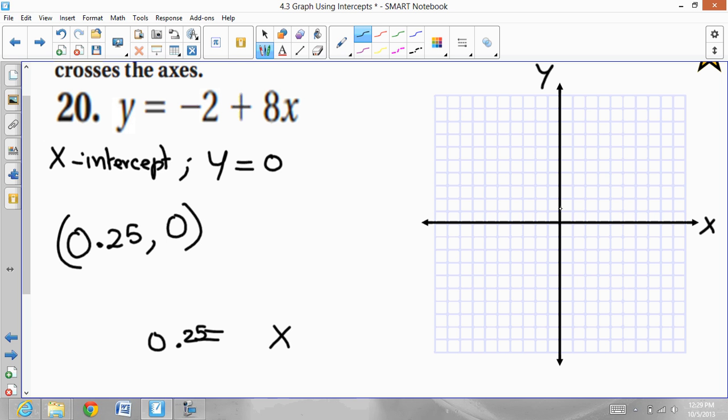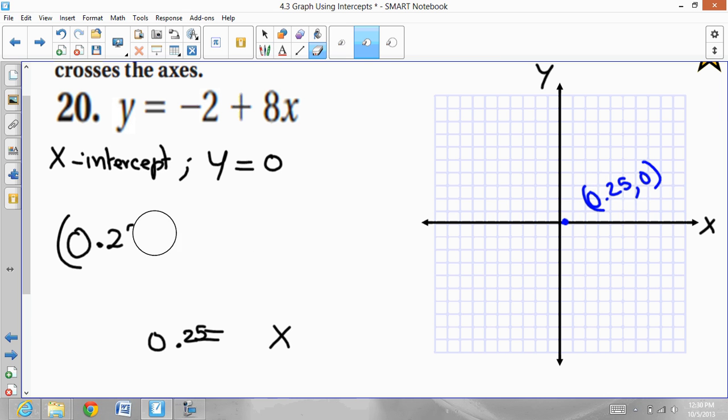So you're going to go into the graph, and 0.25 is somewhere over here. 0.25 comma 0 is going to touch this point somewhere here, and that point is your 0.25 comma 0, and that is the point where it is going to cross the x-axis.